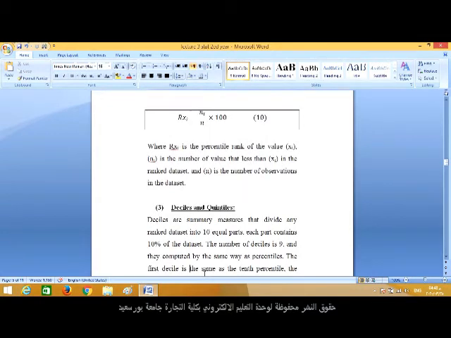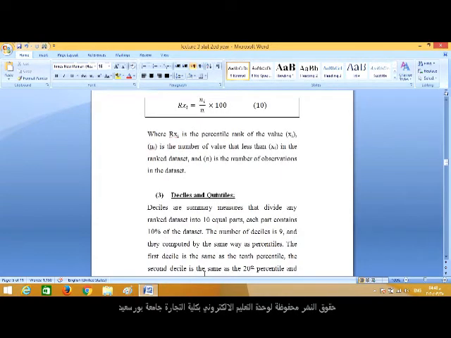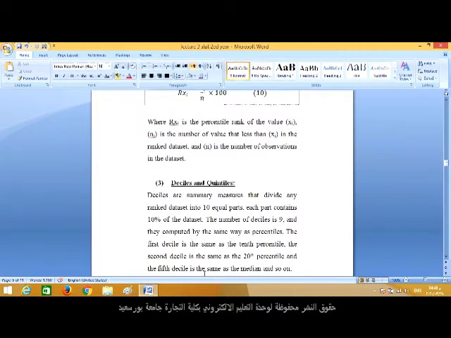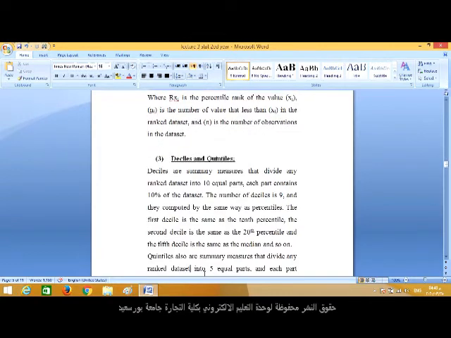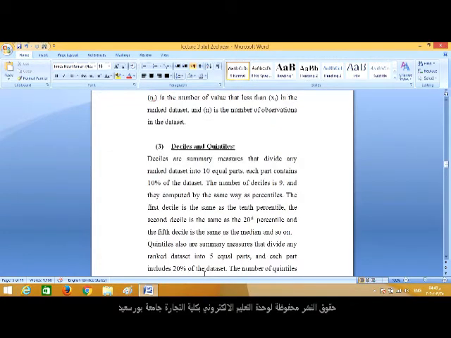The first decile is the same as the 10th percentile, as we explained before. The second decile is the same as the 20th percentile, and the fifth decile is the same as the median, and so on. Quintiles also are summary measures that divide any ranked data set into 5 equal parts, and each part includes 20% of the data set.